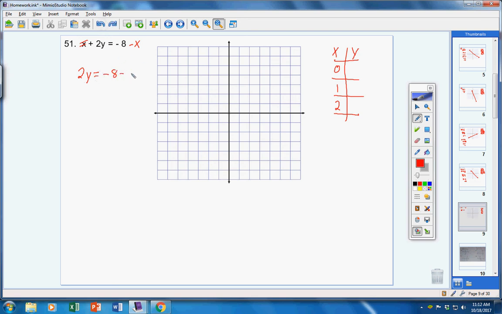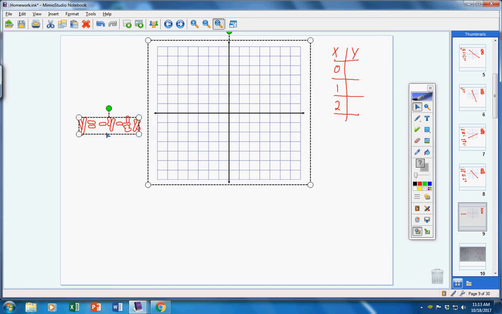Don't forget, there's a 1 right here in front of the x. Now, divide everything by 2. Y equals negative over a positive is negative. And there we go. So, we do not need any of that stuff that I just erased.